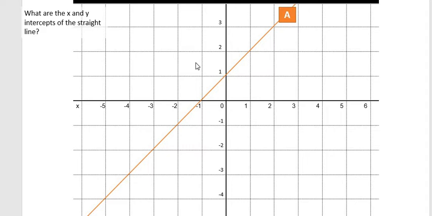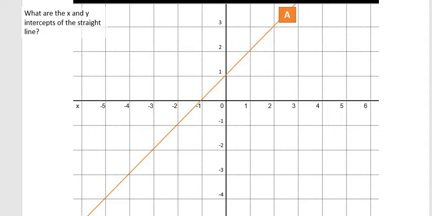Now, when you say intercepts, what do we really mean by intercept? Well, intercept basically, for the equation of a straight line or the graph of straight lines, is where the graphs intercept or cut through or touch the x and y axis.